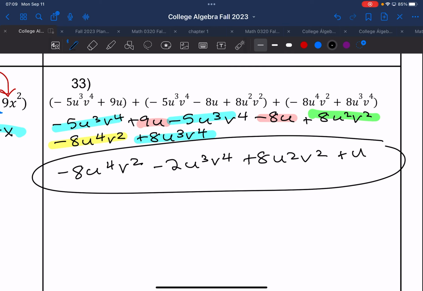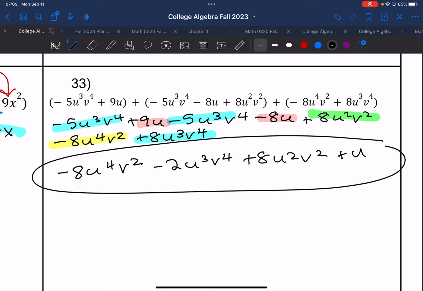Is there a GCF? There is a GCF on 33, but it was just asking us to simplify the expression, so we're not going to take out that GCF. When we work on separate problems, where I tell you to just simplify as a whole, we'll take out the GCF, but this concept is just combining like terms.